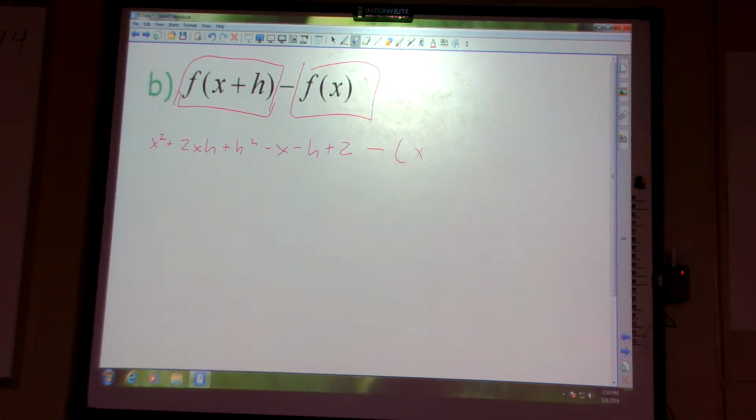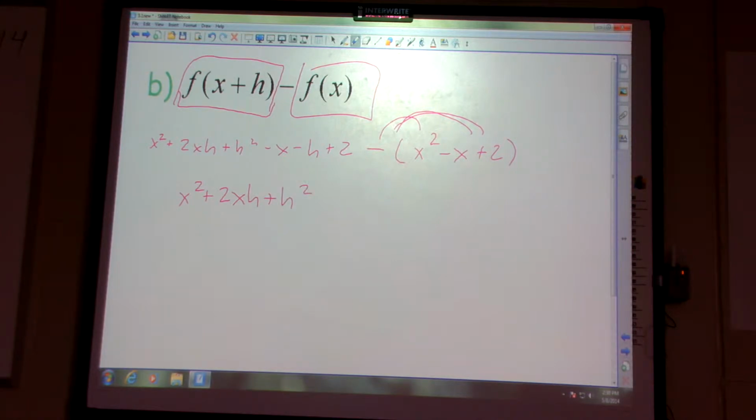Parentheses, x squared minus x plus 2. Let's distribute my negative. So I have x squared plus 2xh plus h squared minus x minus h plus 2 minus x squared plus x minus 2.